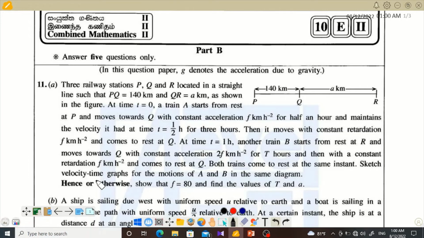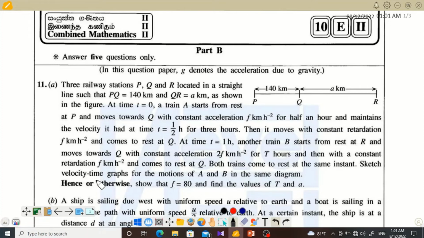At time 0, a train A starts from rest at P and moves towards Q with constant acceleration f for half an hour and maintains the velocity it had at time t equals half hour for 3 hours.